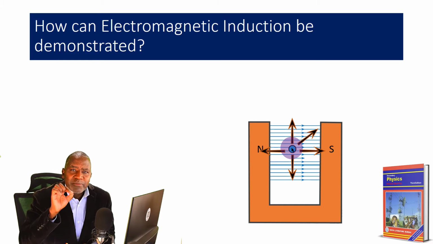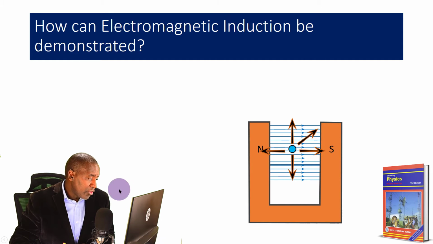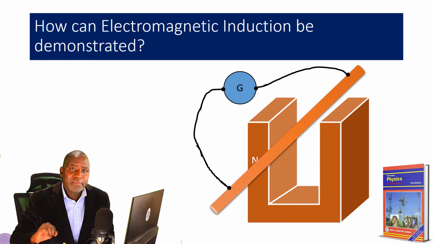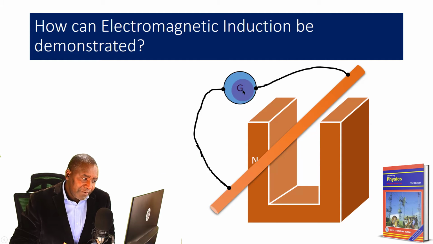When the galvanometer deflects, it is evidence there is a current flowing through that wire. Let's go back to the diagram. When this galvanometer deflects, when the wire is either moved upwards or downwards or at an angle, then it shows that there is a current flowing in this wire.